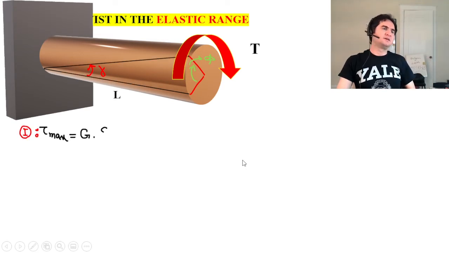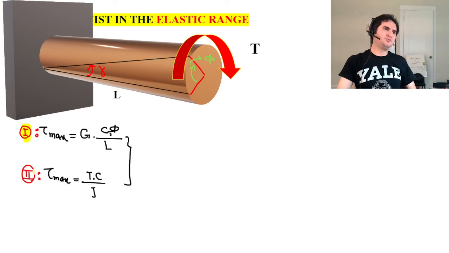Now we have equation 1 from the previous part and equation 2 from here. One is based on our geometry, calculated from gamma and phi, and gives tau maximum is G times c times phi over L. The other is based on the integration of force times area times arm, and gives tau maximum in terms of the torsional torque.